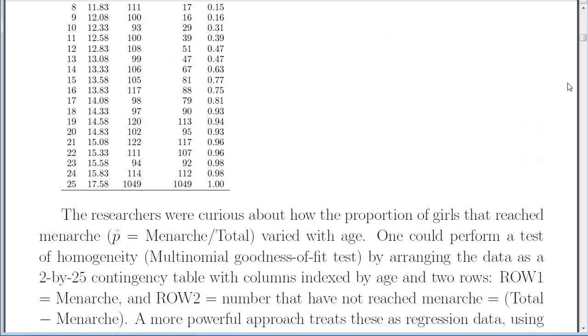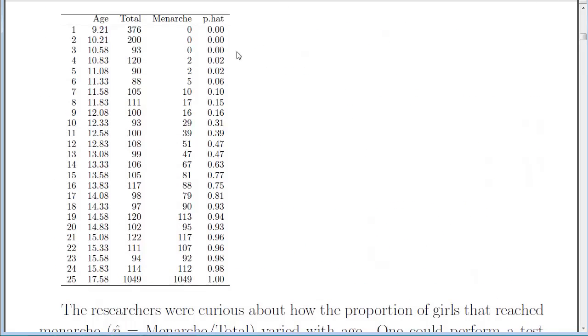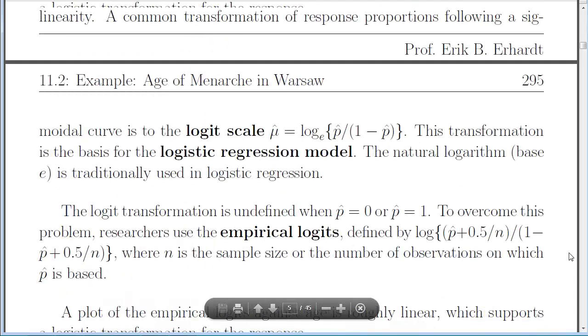If I page up for a moment back to our table, we actually have some of those values. These first three cases have p hat equal to 0, and this last case has p hat equal to 1. So I'll page back down.